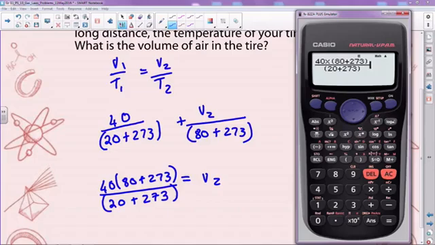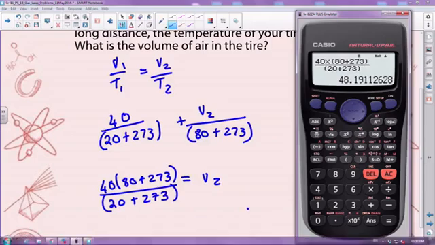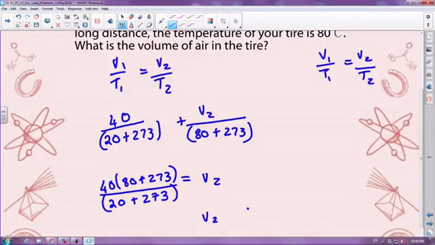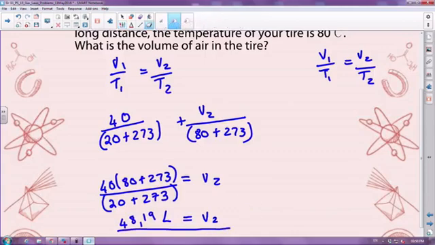And I press my equal sign. So I'm going to SD, and my volume is going to be 48.19. So again, V2, remember my initial volume was in liters, so here we go, 48.19 liters is my V2 value there.